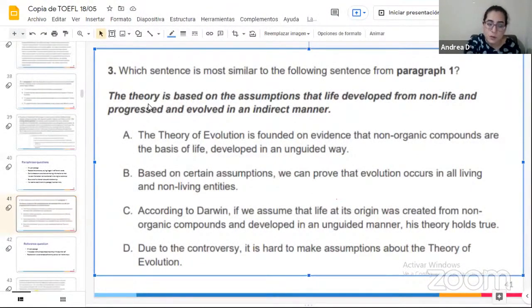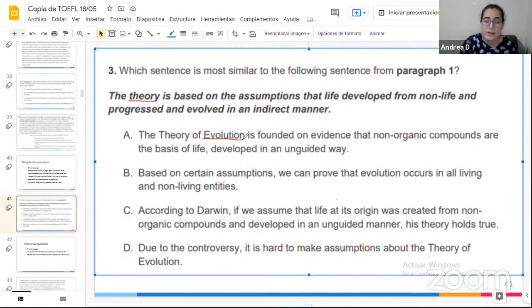And the sentence goes, the theory is based on the assumption that life developed from non-life and progressed and evolved in an indirect manner. Just to give you a little bit of context, this theory is the theory of evolution. I think the passage was about Charles Darwin's theory of evolution. So that's what we're talking about.